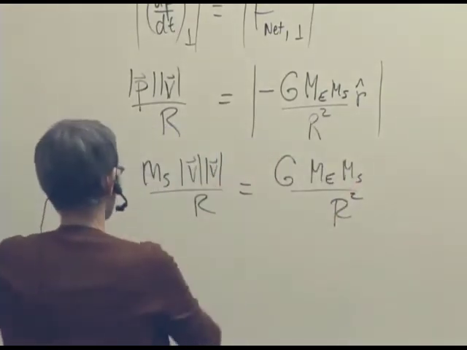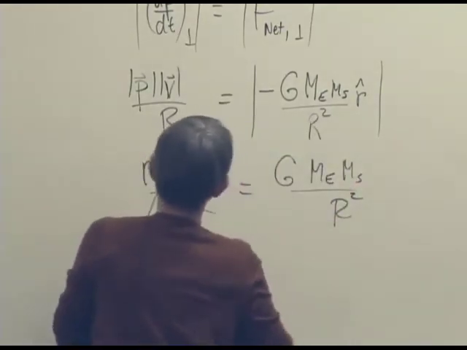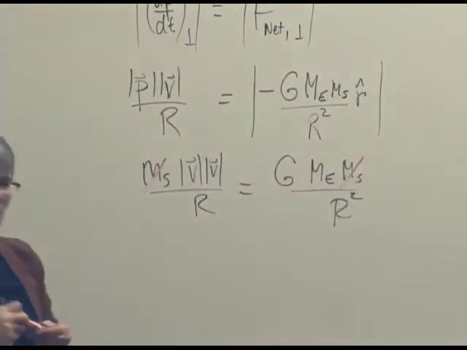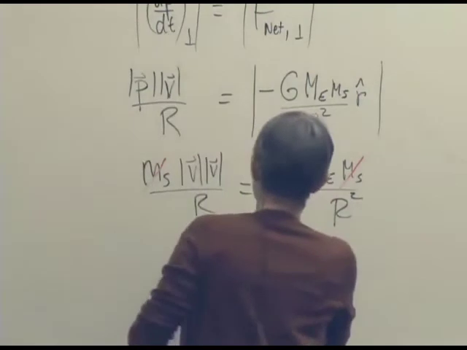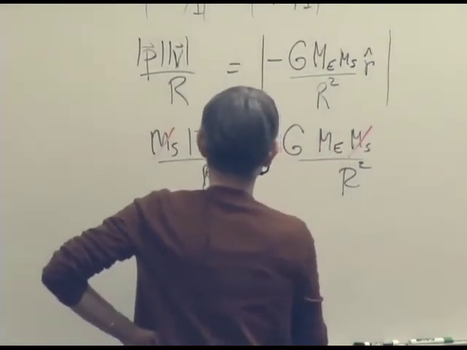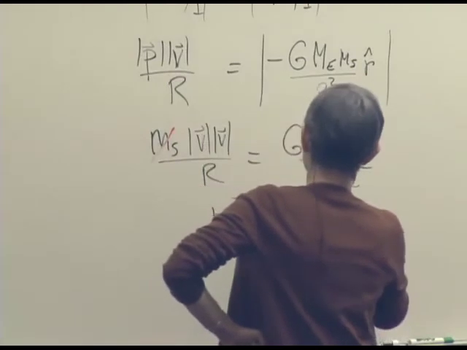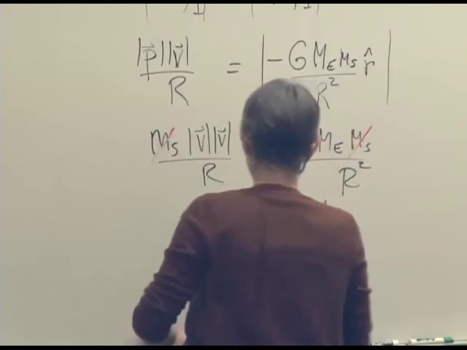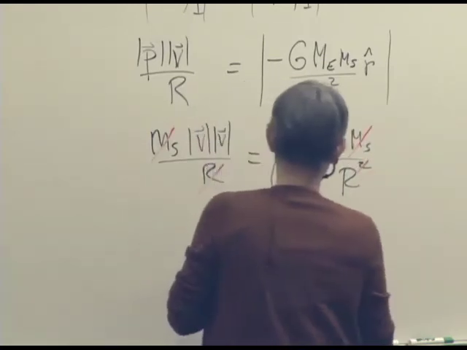And some things can drop out here. We've got the satellite mass on both sides, which means the mass of the satellite actually doesn't matter in this case. So we have the magnitude of v squared is equal to G times the mass of the Earth over r, after we cancel one of these r's.